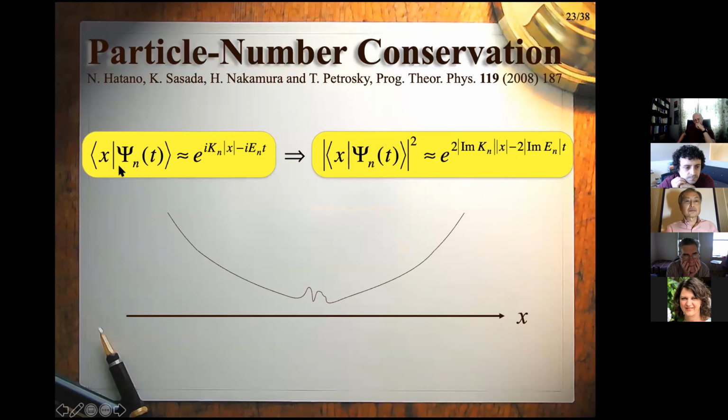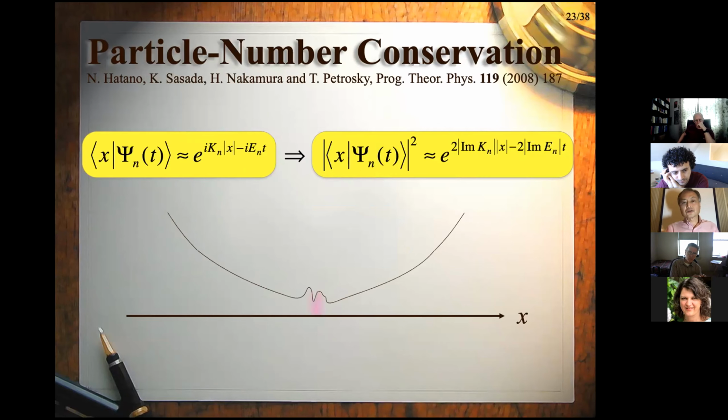Here we have this kind of wave function with this kind of time dependence. The probability of this wave function has this diverging term, but also this decaying term.